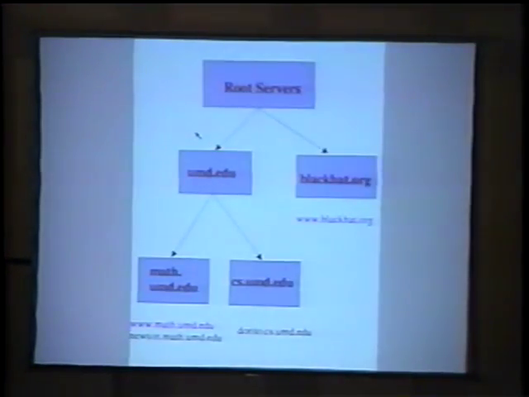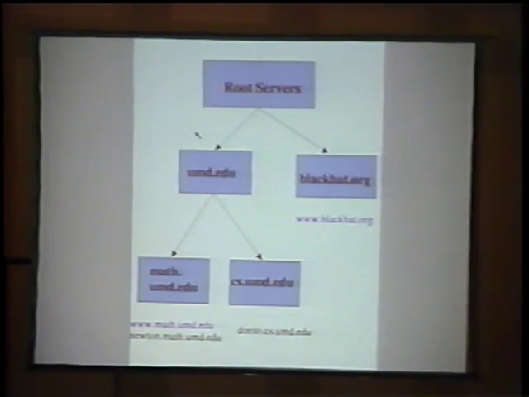Okay. And basically, the way it works is instead of querying some central server and asking for an /etc/hosts file, what we end up doing is trying to find out who's got the information that we want. Say you want to know about one of the machines in the math department at University of Maryland College Park.